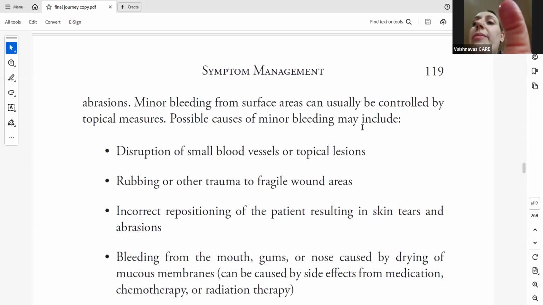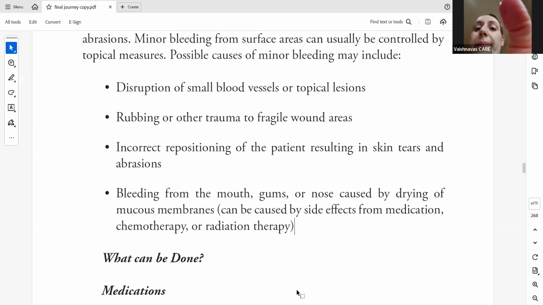Possible causes of minor bleeding may include disruption of small blood vessels or topical lesions, rubbing or other trauma to fragile wound areas, incorrect repositioning of the patient resulting in skin tears and abrasions, and bleeding from the mouth, gums, or nose caused by drying of mucous membranes, which can be caused by side effects from medication, chemotherapy, or radiation therapy.